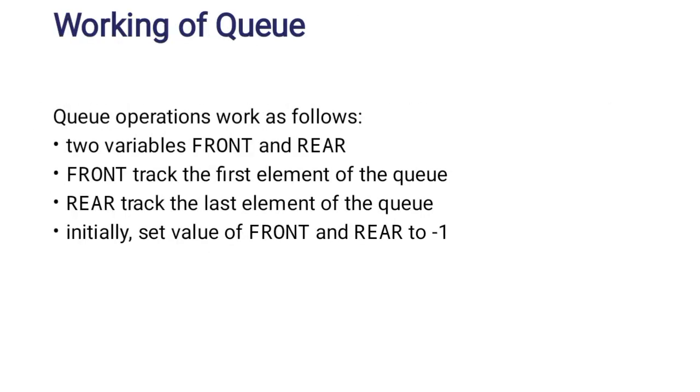Now let's move on and understand how we work with the queue data structure. There is something very important that we must know. Two variables, front and rear, are used. The front keeps track of the first element of the queue. Then rear is used to keep track of the last element of the queue.